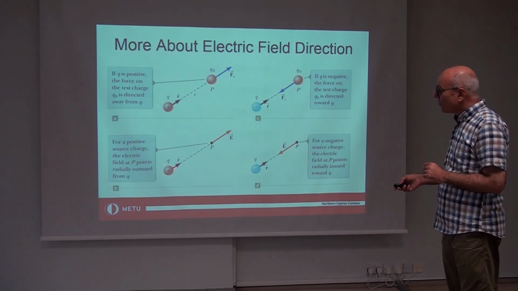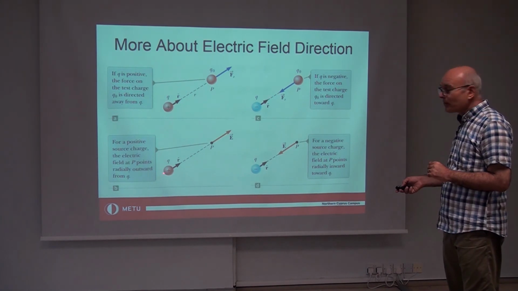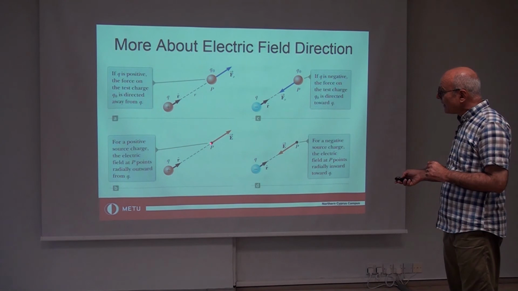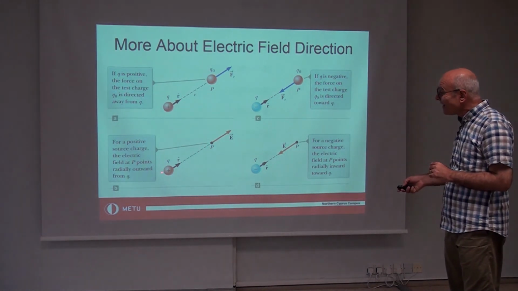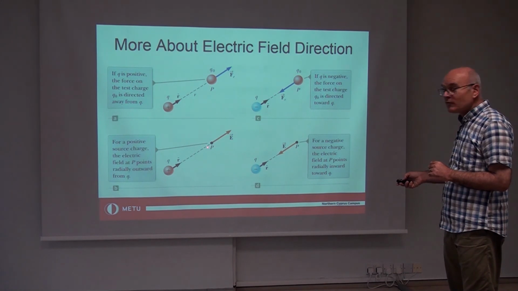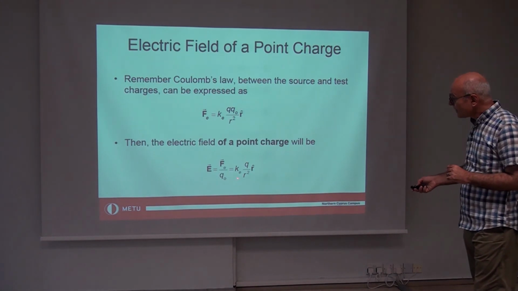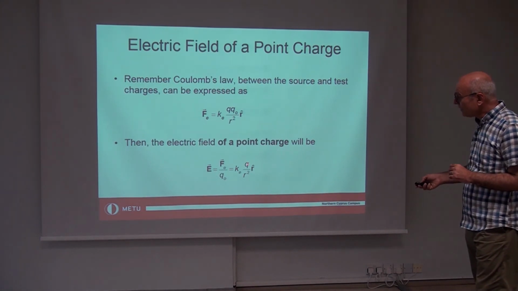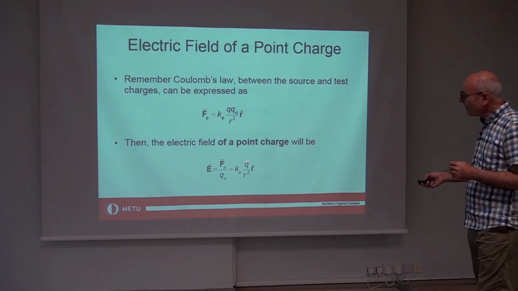This is your positive source charge, and you want to find the electric field at this point P. This point P is at a distance r, in this direction r hat. r hat is a unit vector which goes from the source charge to the point where you want to find the field. You take Q, k is positive, Q is positive, divide by r squared, and the direction of the field will be along r hat.